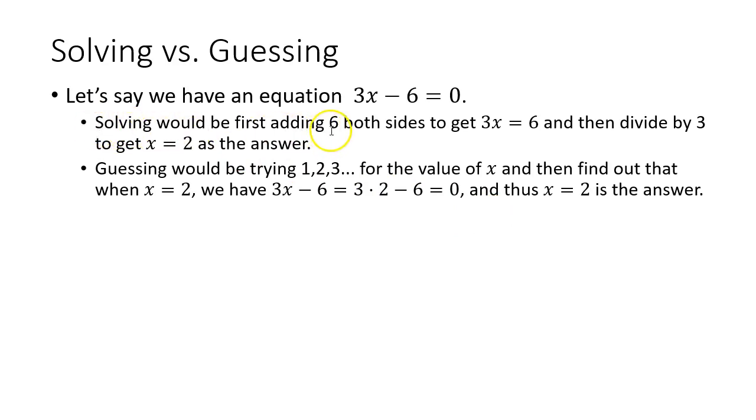So you add 6 to both sides to get 3x equals 6, and then divide by 3 to get x equals 2 as the answer. But some students might just look at this and say, let me just guess. If x is 1, 3 minus 6 is negative 3, it doesn't work. If x is 2, then 2 times 3 minus 6, hey, that works. So x equals 2 is the answer.